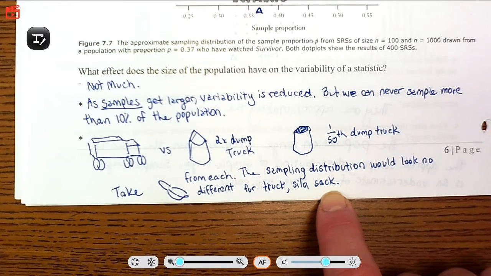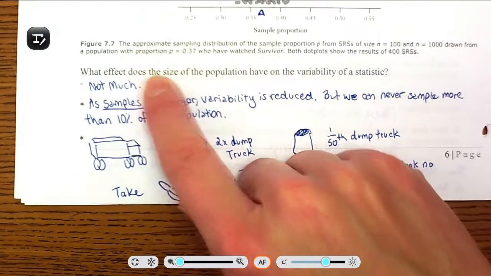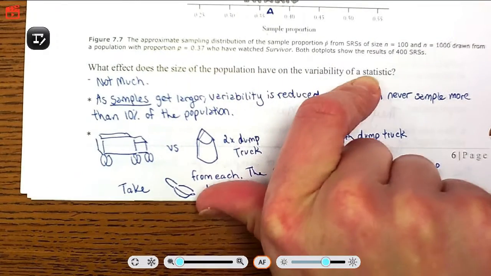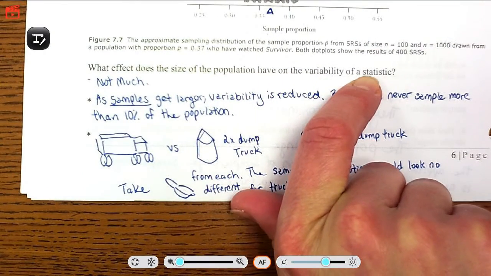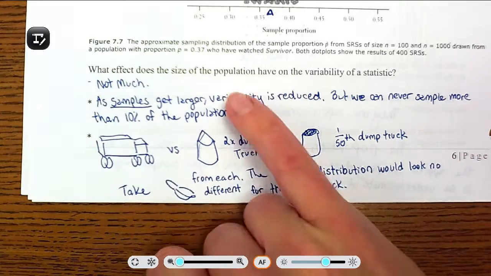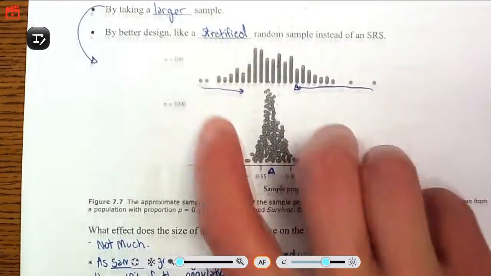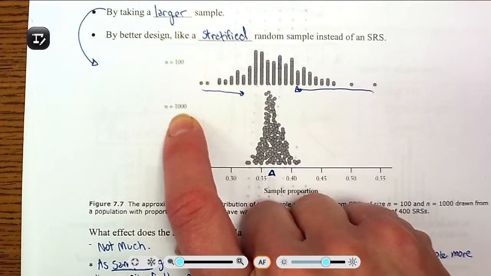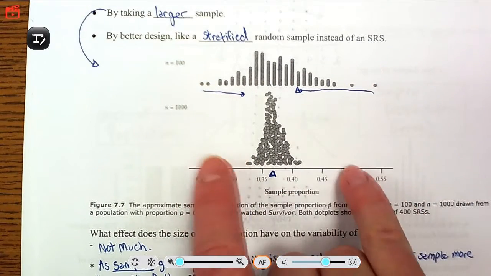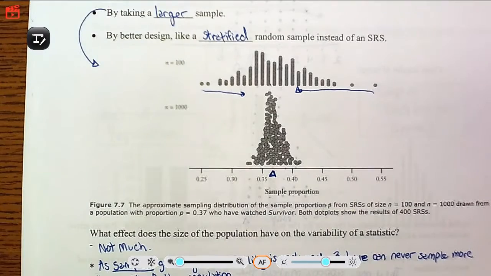Okay? So what effect does the size of the population have on the variability of a statistic? Not much. But what effect does the sample size have? Great difference. If you can go 10 times bigger, you're going to get a lot less variability.